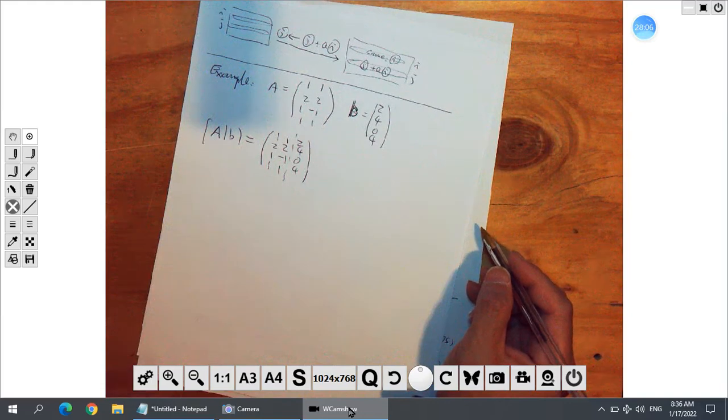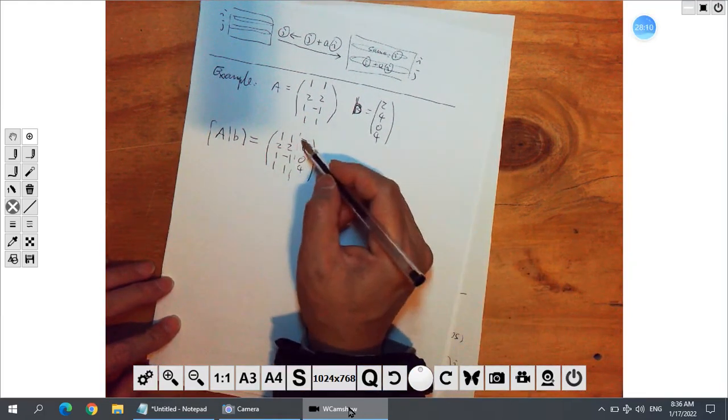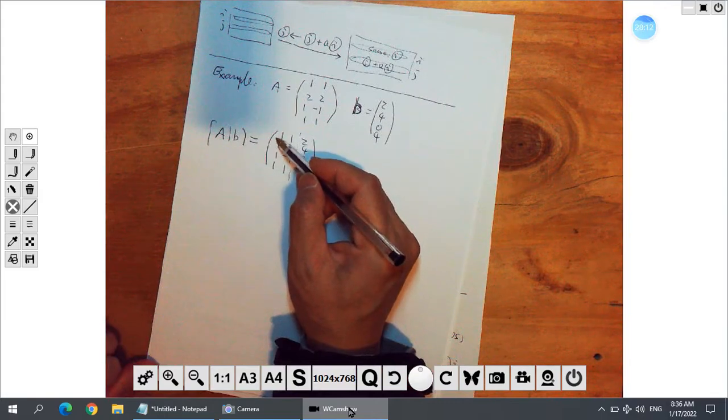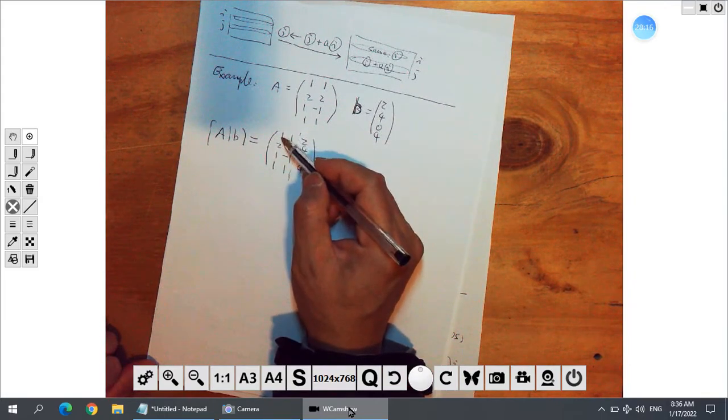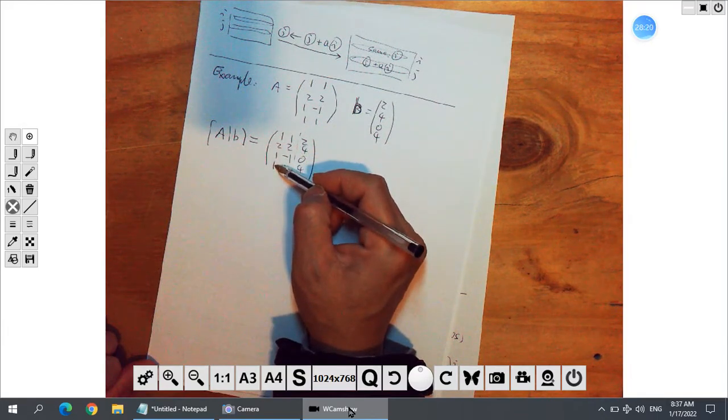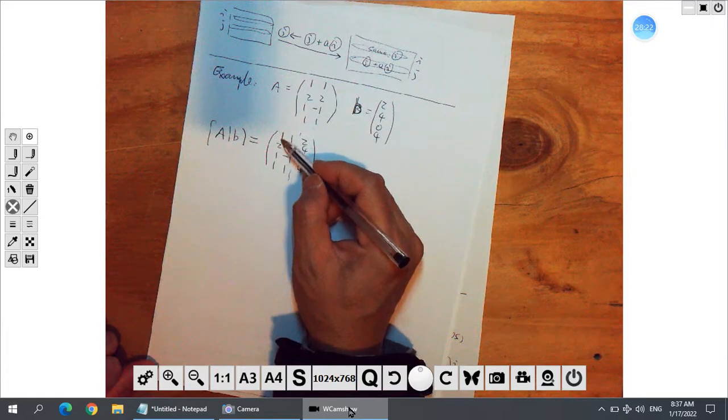Now we need to use elementary transformation to make some change. We try to erase the first column, just keep one non-zero value and erase all the rest. Now the first element is 1, which is perfect.